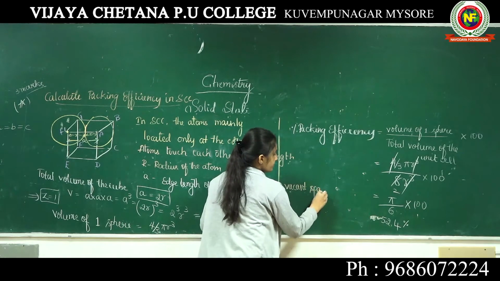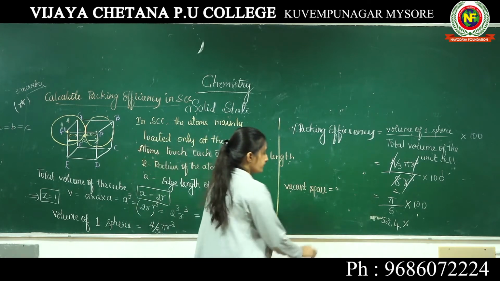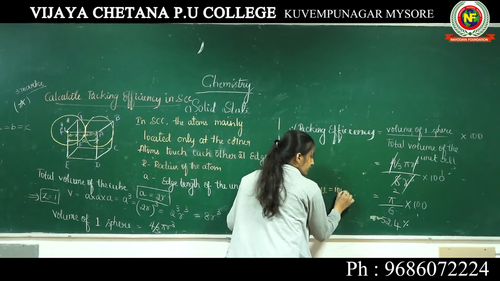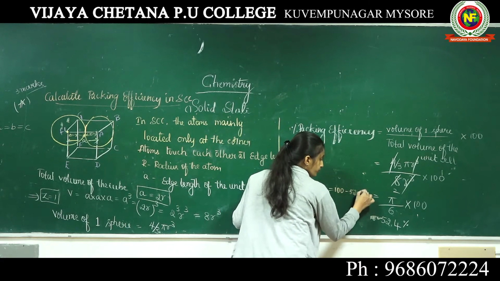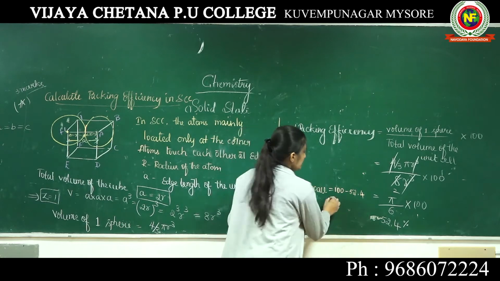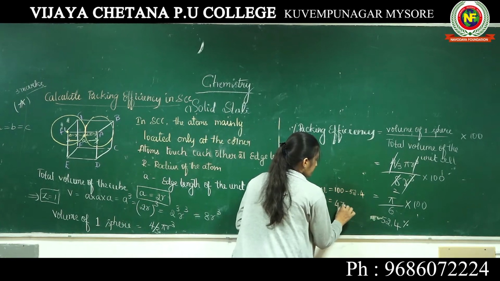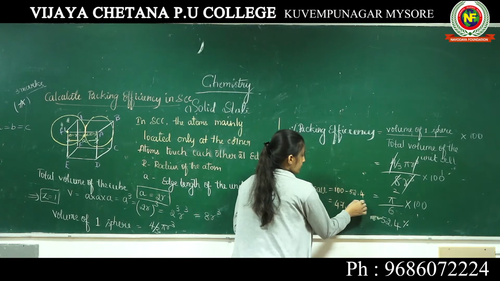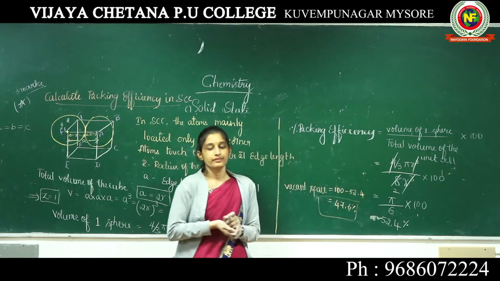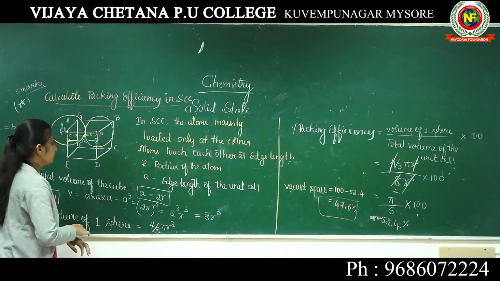How to calculate? 100 minus 52.4. So we will get around 47.6%. It's vacant. This is regarding the packing efficiency in SCC.